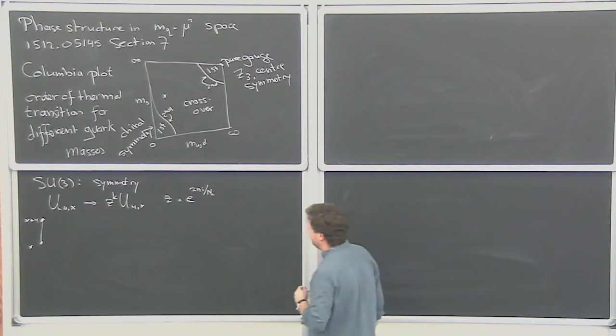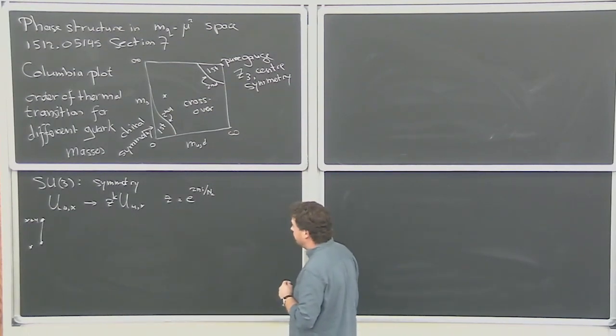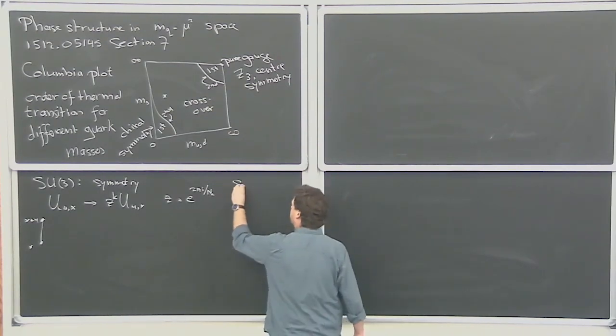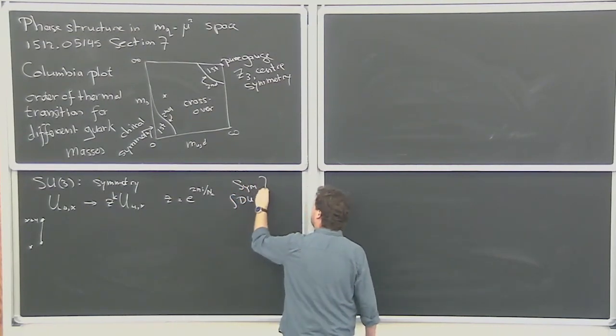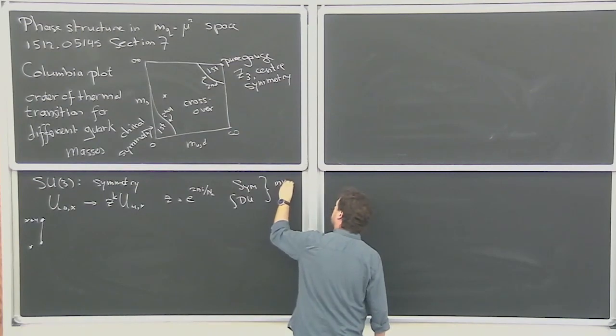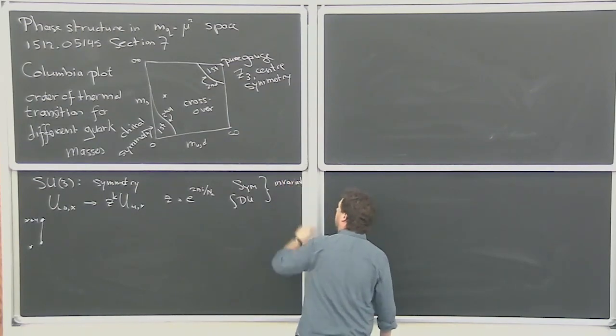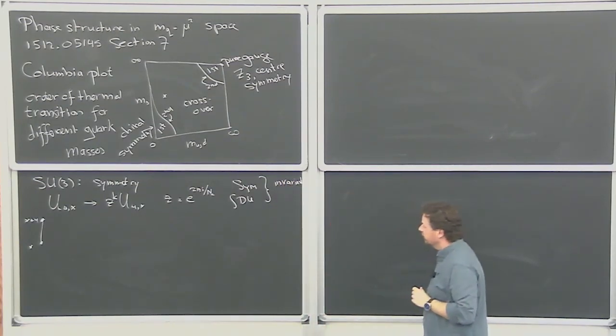We saw that the Yang-Mills action and the measure are both invariant, and so this is a symmetry of the theory.